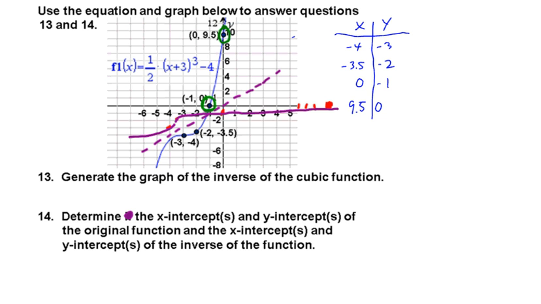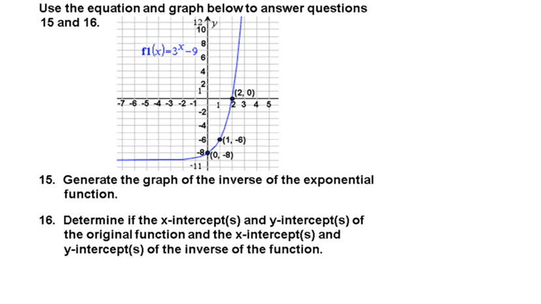And for the inverse function, we have a y-intercept here and an x-intercept up here. And you can see, I hope, where these intercepts correspond with each other. X's become y's and y's become x's.